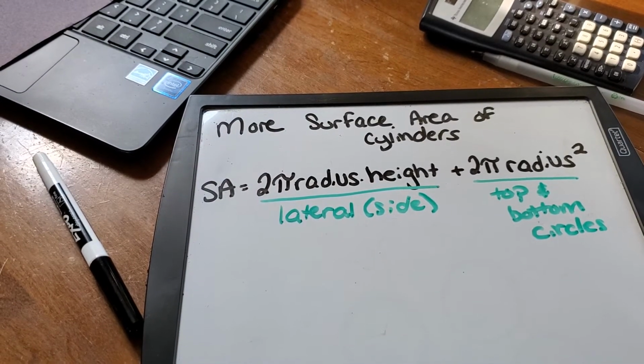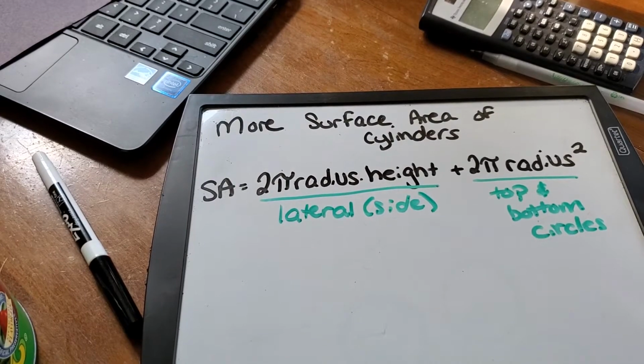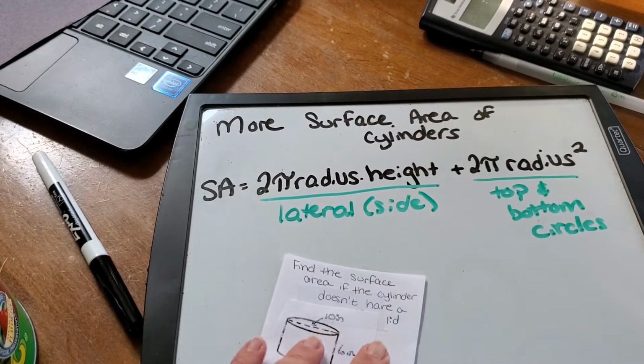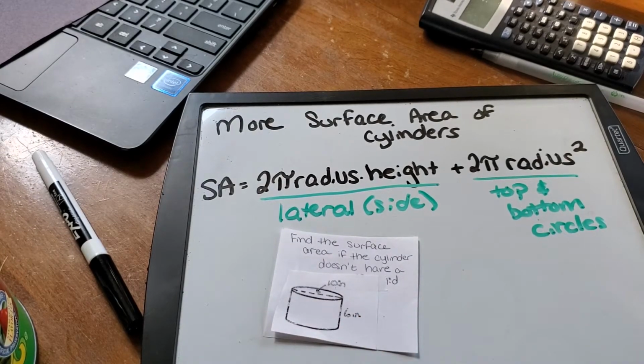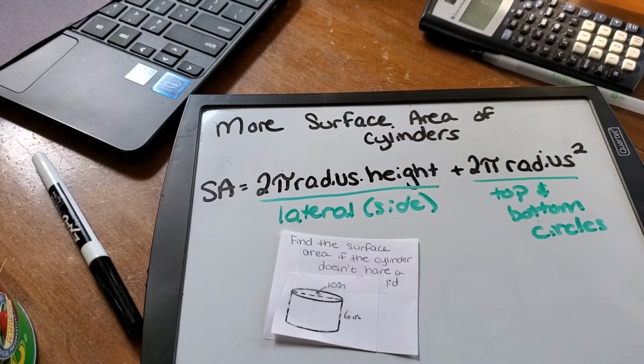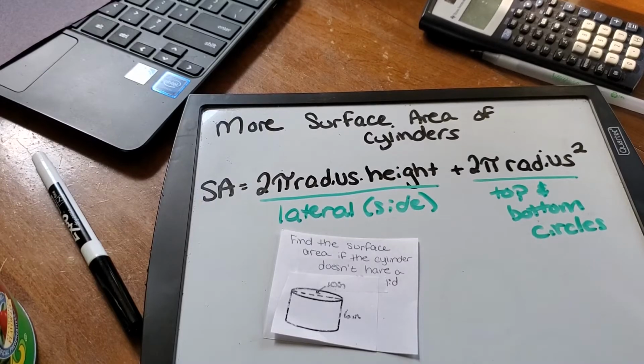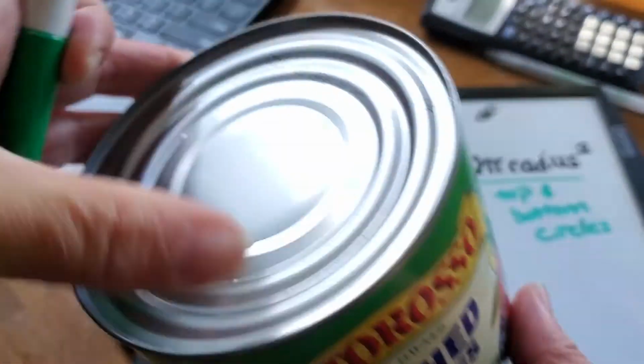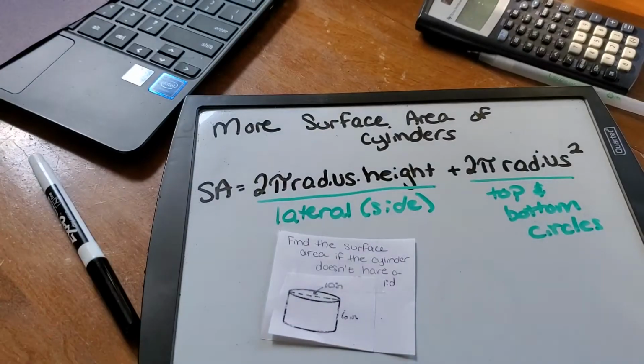Okay, so we're going to do a couple of different things here. One thing we're going to talk about is how to find the surface area of a cylinder if it doesn't have a lid. Let's say you're using it as a vase for flowers, so you only need to go around the side of the can and the bottom, but you're going to leave the top open.